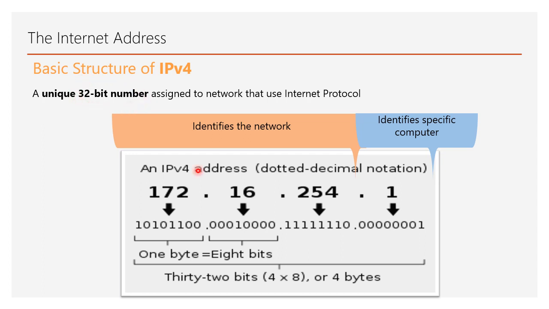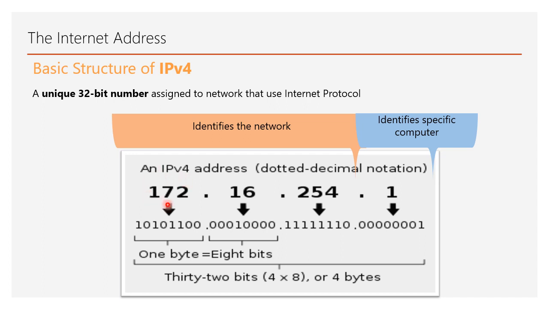An IPv4 address consists of dotted decimal notation. 172 is a decimal, dot, 16.254.1, which we call 4 groups of numbers combined together as an IPv4 structure.